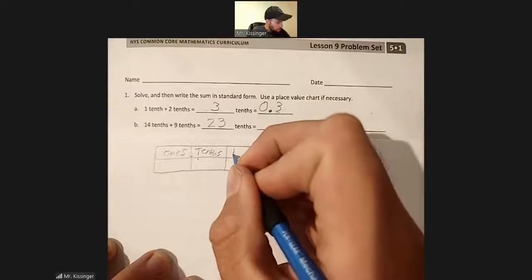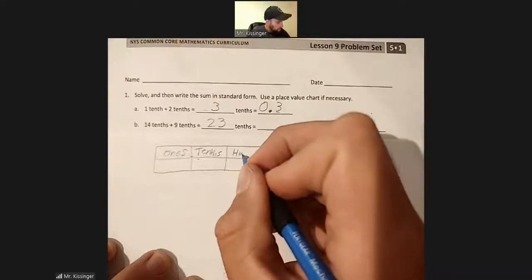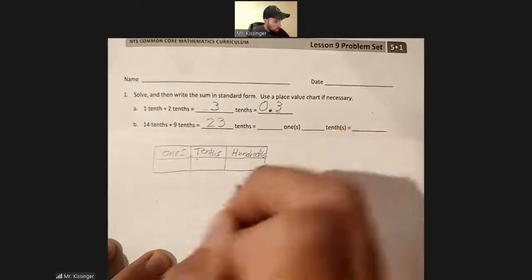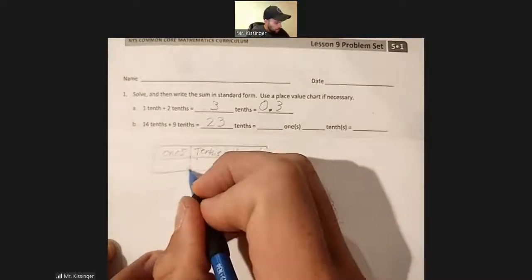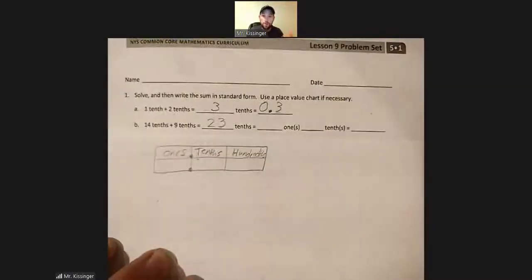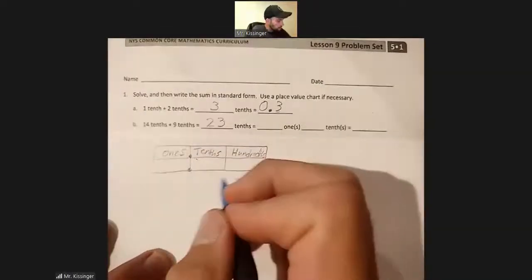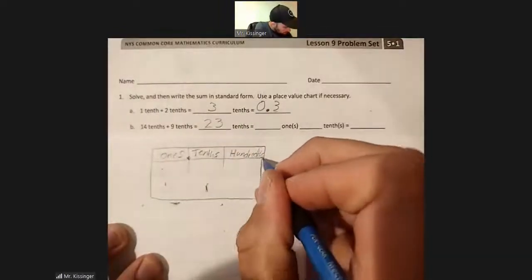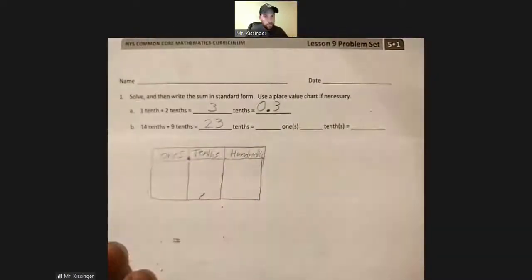I don't really need hundredths, but I made another box with hundredths in here. All right, and our decimal point is right here, right between our ones and our tenths. And if we have 23/10, I'm going to have to draw 23 of them in here. So 23/10 will look like this.